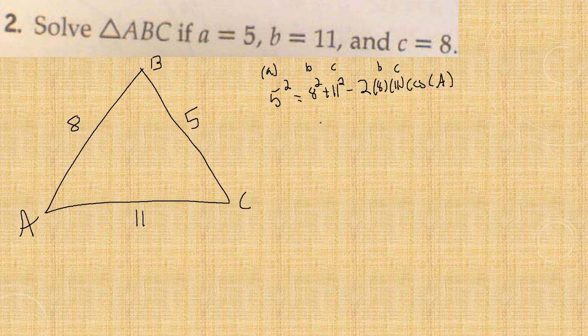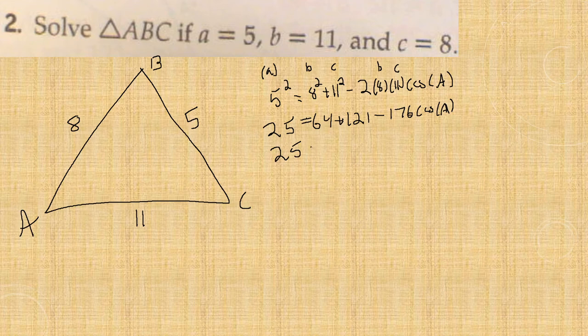So then you would go through as much as you can on your own. So 5 squared is 25, 8 squared is 64, 11 squared is 121, 8 times 11 is 88, 88 times 2 is 176. Again, my goal is to get A by itself, so I'm going to start eliminating as much as I can here.